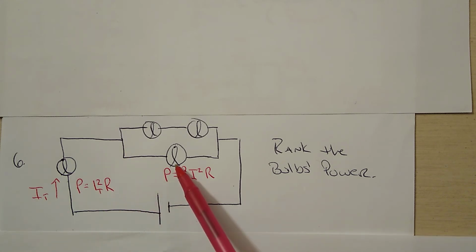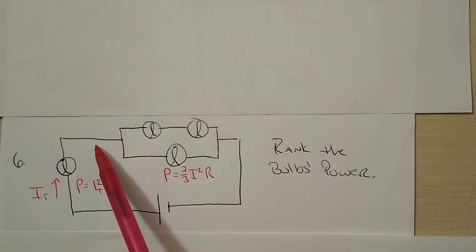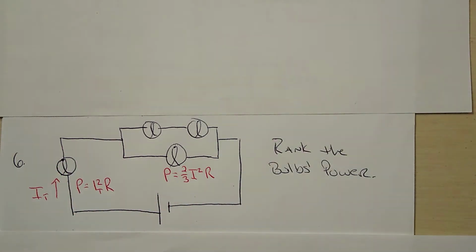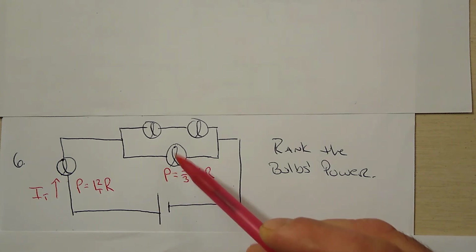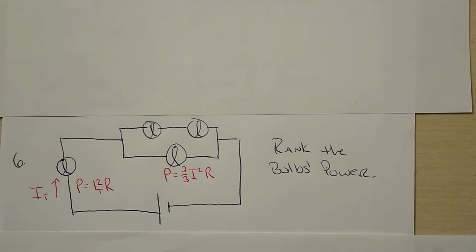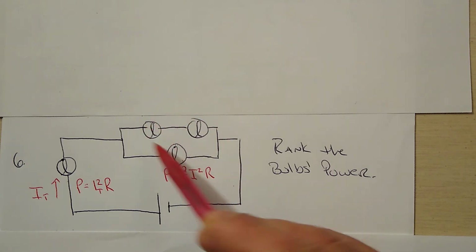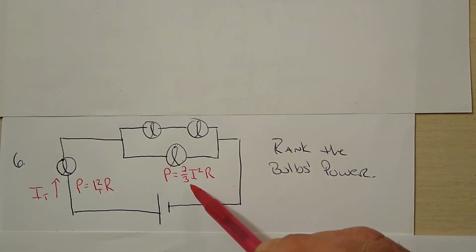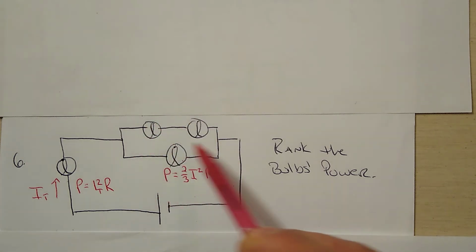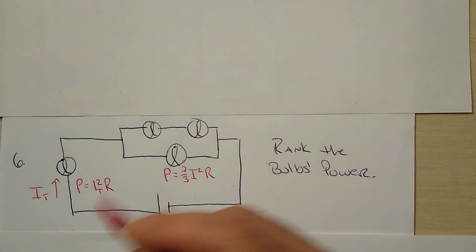And so this bulb here, just for the same reasons as in the other problem above this, we have R versus 2R, just like we had 200 versus 400, right? So this is 1/3 of the total resistance of these three, and so it's going to get 2/3 of the current going through it. And likewise, this branch is going to get 1/3 of the current that goes through it, right?